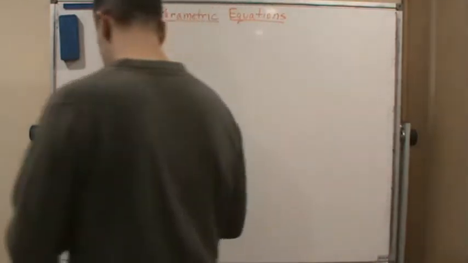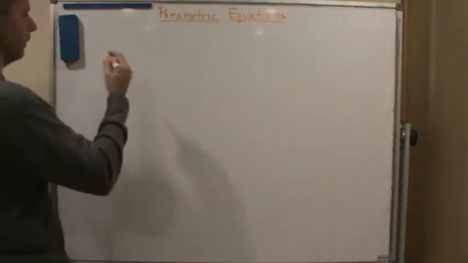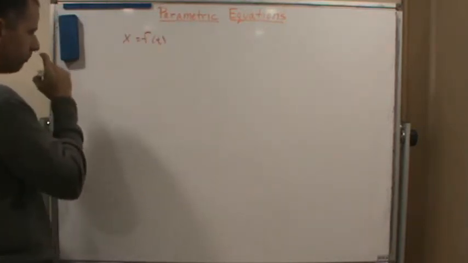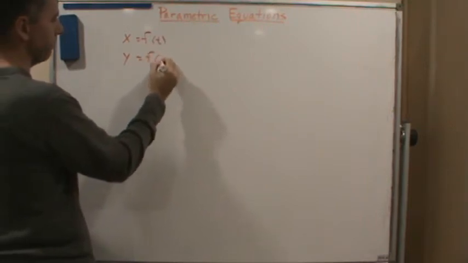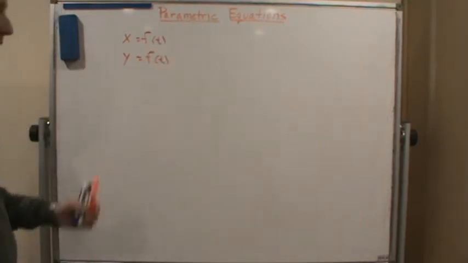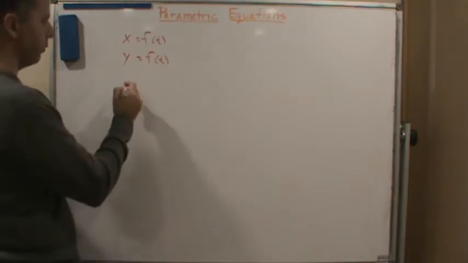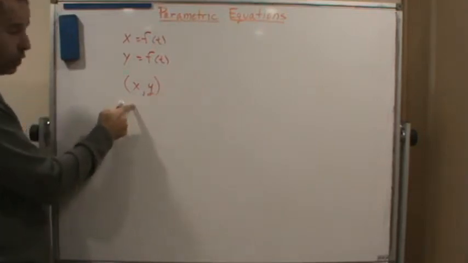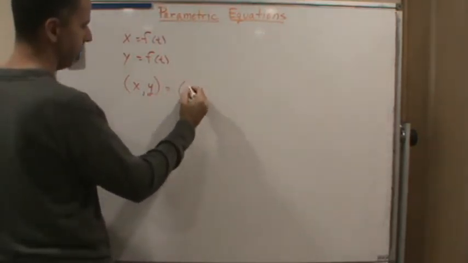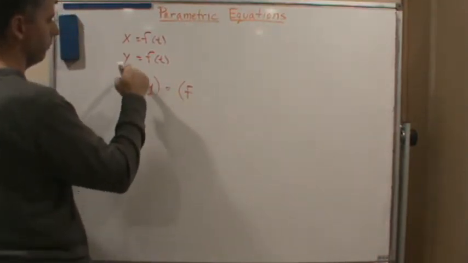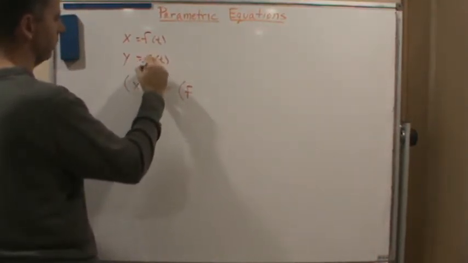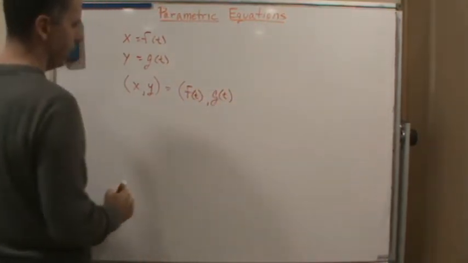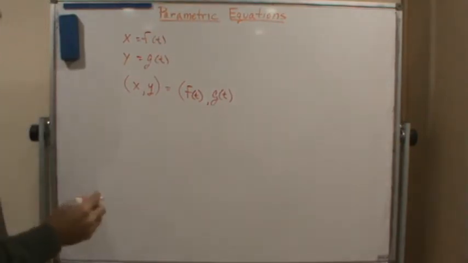So in this case, we can represent both x and y as a function of time, okay? So let's just put this together. If I have x as some function of time, and y as some function of t, which again usually is time, then we can represent the xy coordinate, which is a position coordinate, as f of t, comma, g of t.